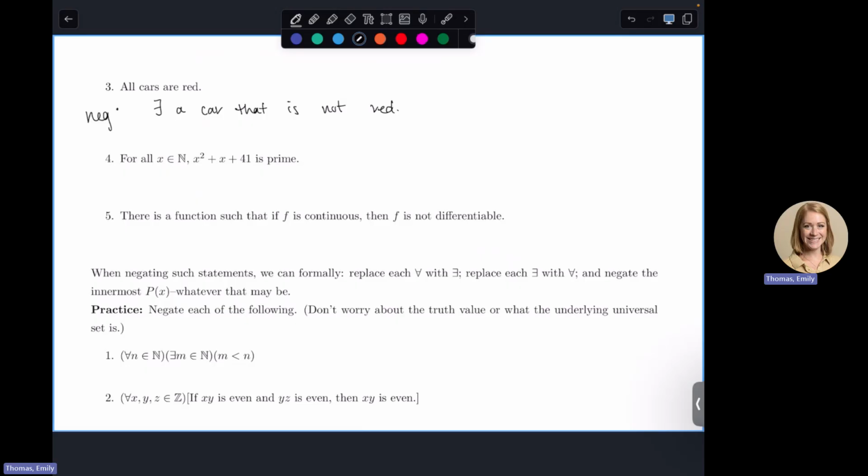There exists an x where x squared plus x plus 41 is not prime. Good.